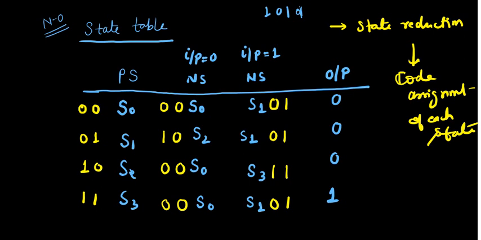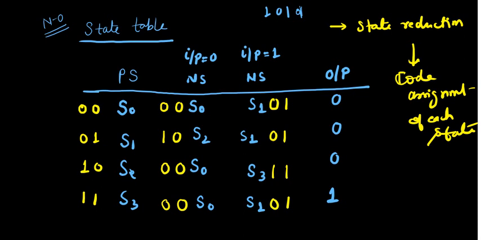Why are we assigning these binary values to each state? What is the meaning of state? There are four states here, right? Four states can be represented by using two flip-flops.